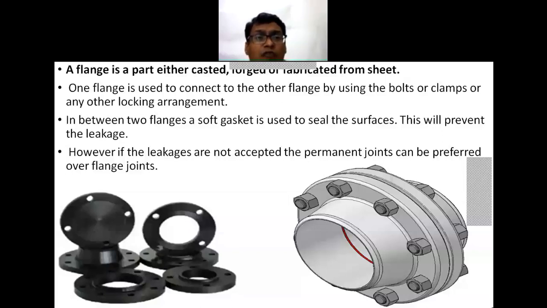Then one flange is connected to the other flange by using bolts or clamps or any other locking arrangement. For the purpose of holding the two flanges together in a leak-proof joint, we use bolts, clamps, or other means, so that they can be locked at their proper position.